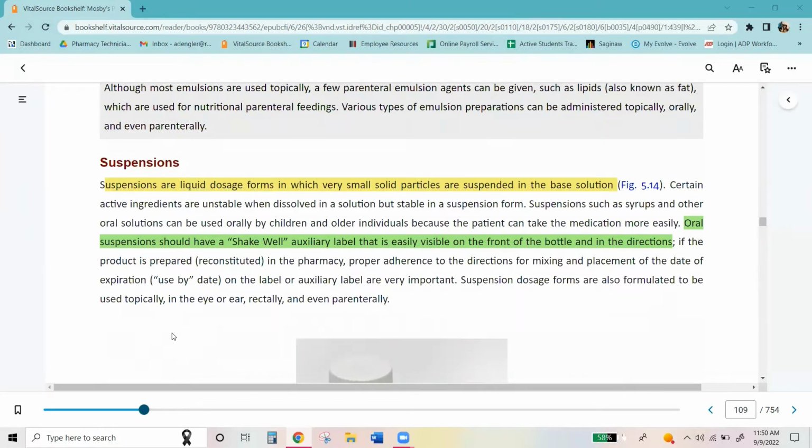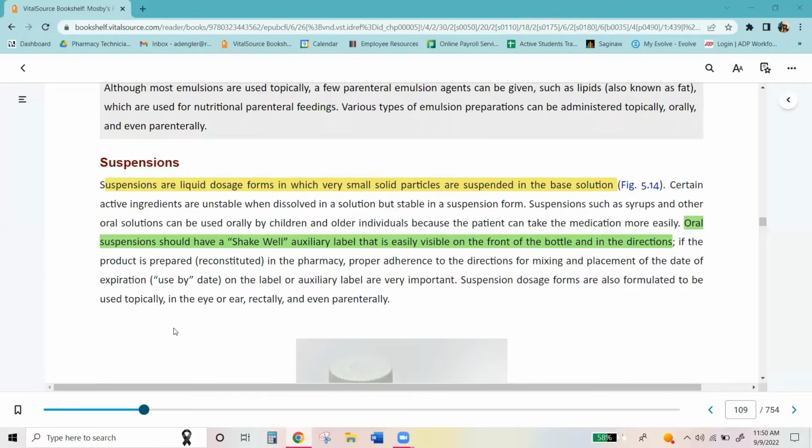Suspensions are liquid dosage forms in which very small solid particles are suspended in the base solution. Oral suspensions should have a shake well auxiliary label that is easily visible on the front of the bottle and in the directions.